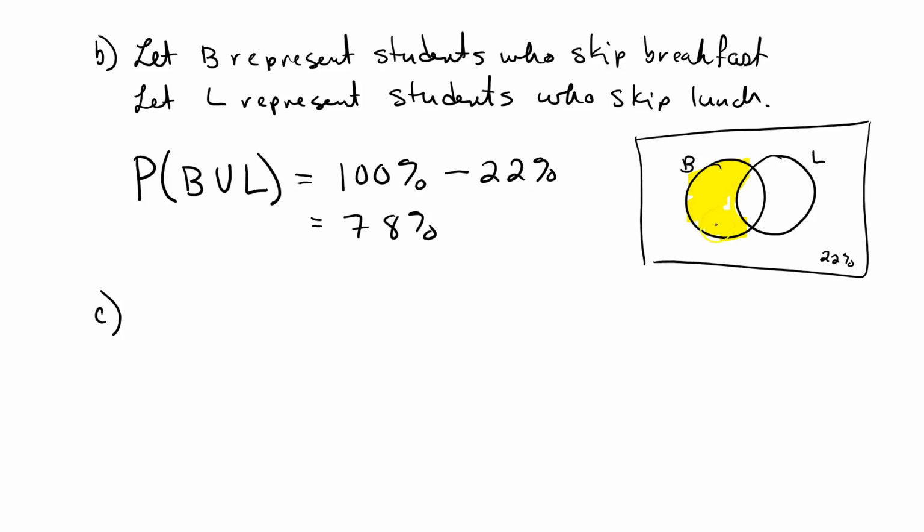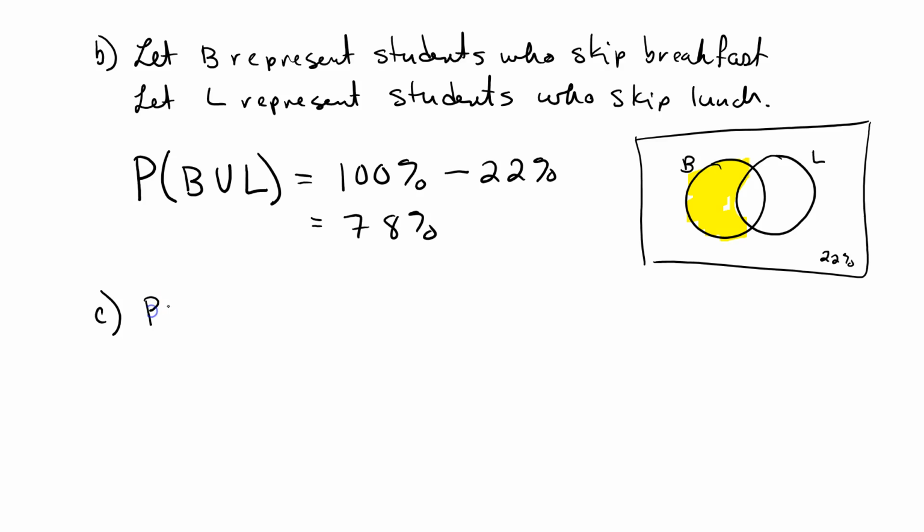So if this whole shape here is 78% of students, the way that we would find out just B, the people who skip breakfast, is we would take the 78% and we would subtract the percentage of students who skip lunch. That is going to leave us with this remaining bit.